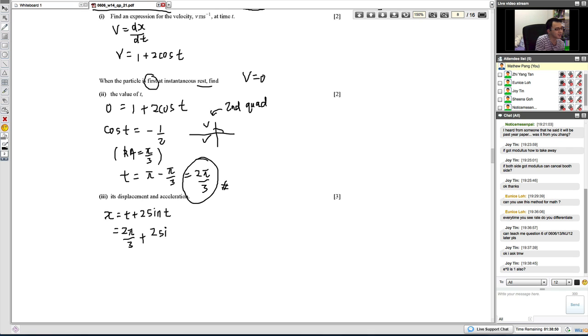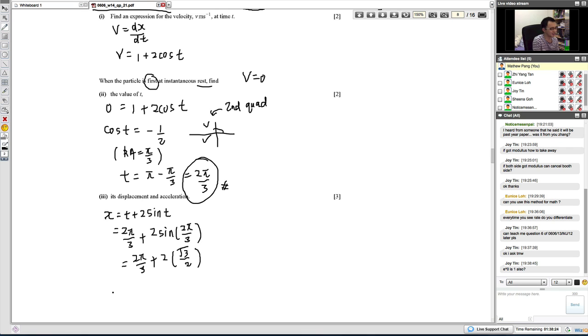This is 2 sine 2 pi over 3. Then I will just solve this one. I will solve the sine first. Sine 2 pi over 3 is square root 3 over 2. So this is 2 pi over 3 plus 2 root 3 over 2.